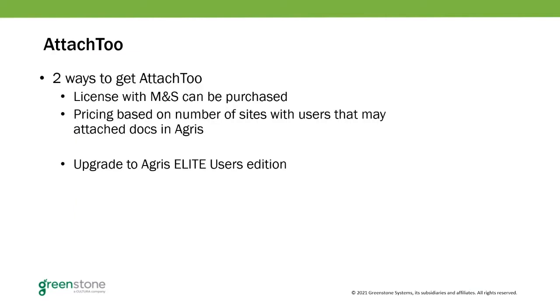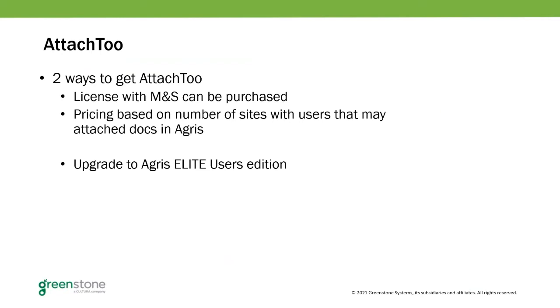Now, there are two ways to actually get AttachTo. AttachTo can be purchased, and it's a license and a yearly maintenance and support fee. And the pricing is based on the number of sites that the users that may attach documents in AGRIS are.